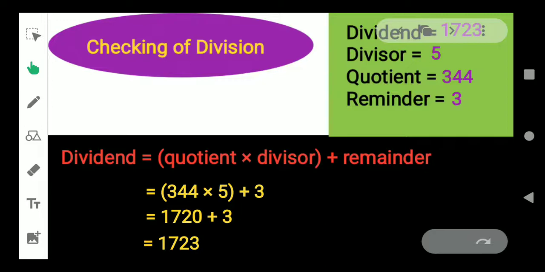The equation for checking division is dividend is equal to quotient into divisor plus remainder. Now check it. 344 into 5 plus 3. How much is 344 into 5? It is 1720 plus remainder 3.